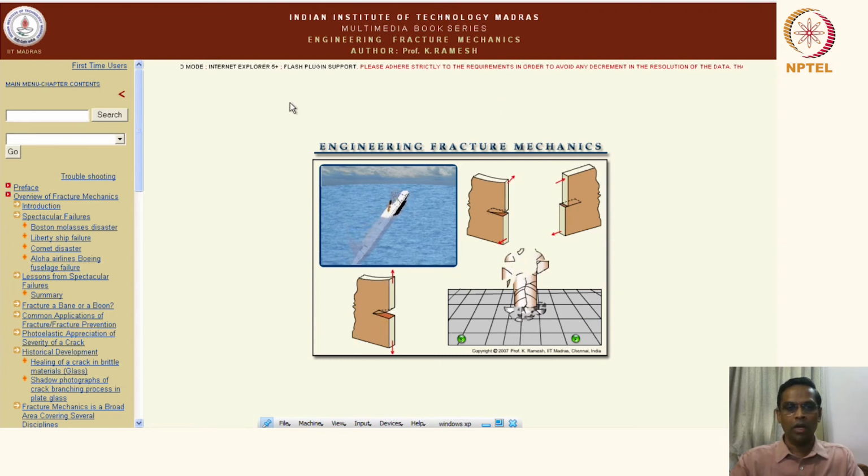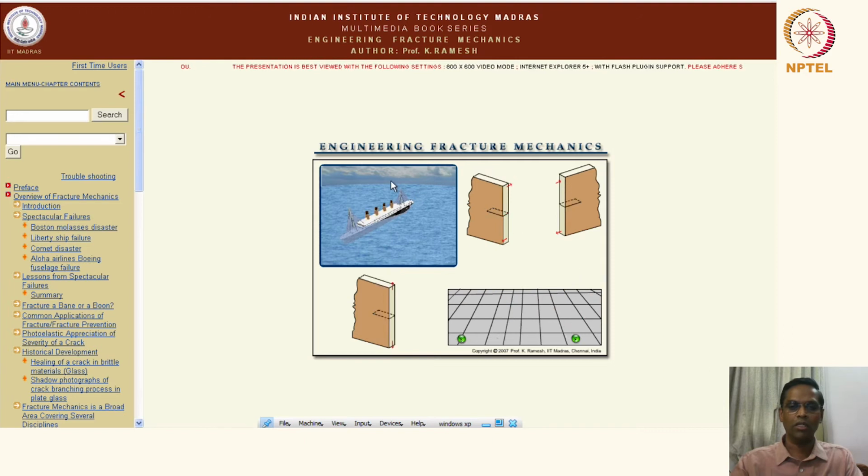And I decided to follow this book because this book is designed very specially with a lot of animations, what you are seeing on the screen here, by Professor Ramesh, who has done a commendable job, and is also my teacher, and this is published by IIT Madras itself.